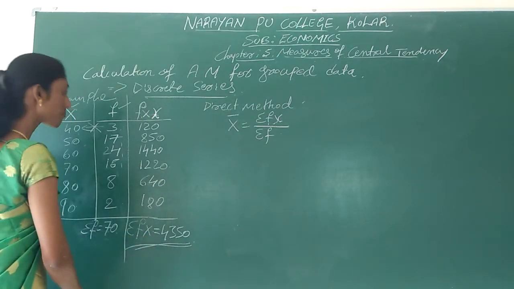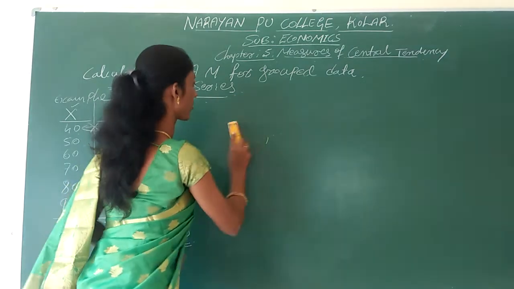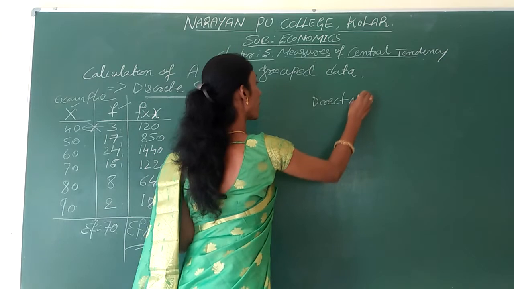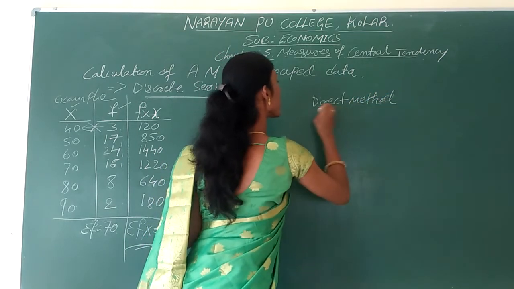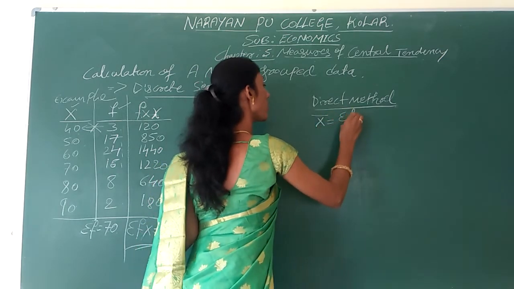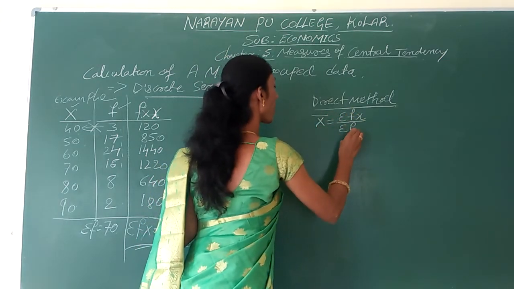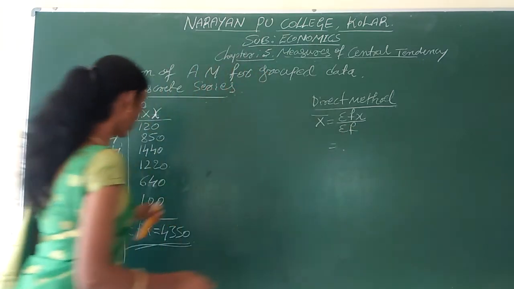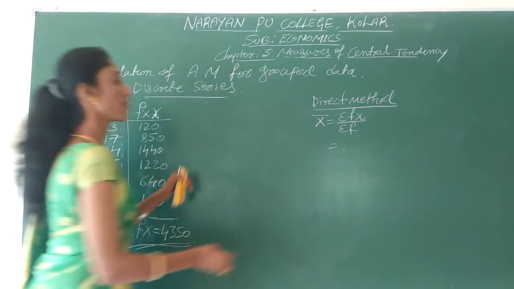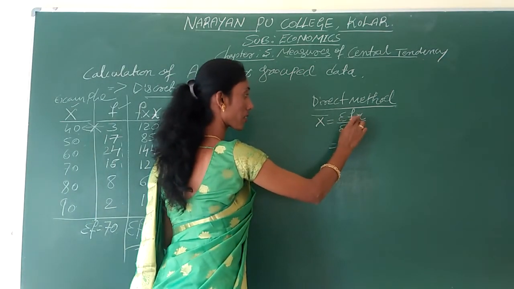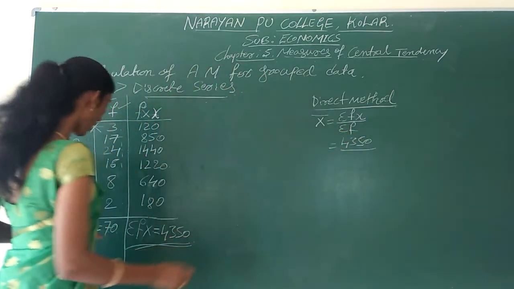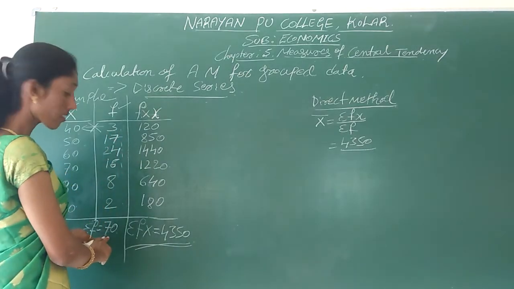Got it, right? Now, under the direct method, the formula is x bar equals sigma fx by sigma f. Sigma fx is 4350, so write 4350 in place of sigma fx, and sigma f, the sum of all the frequencies, is 70.